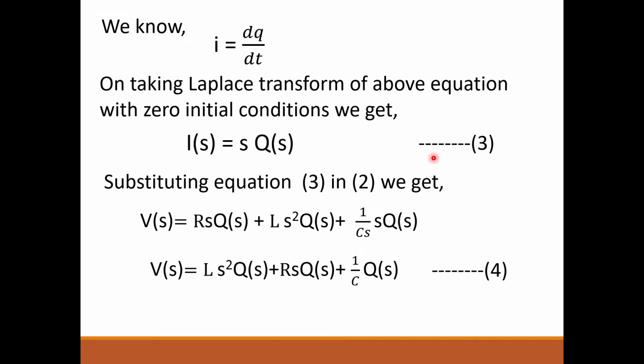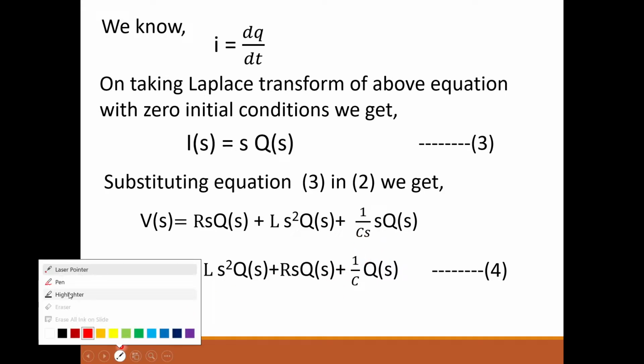So if you substitute this in the differential equation of that electrical circuit, whose Laplace form you have determined, what do you get? V of s is equal to R S Q of s plus L S square Q of s plus, okay, I will copy that once again.